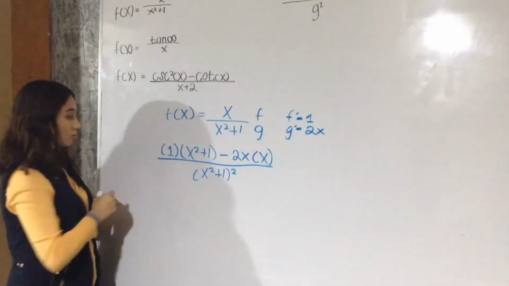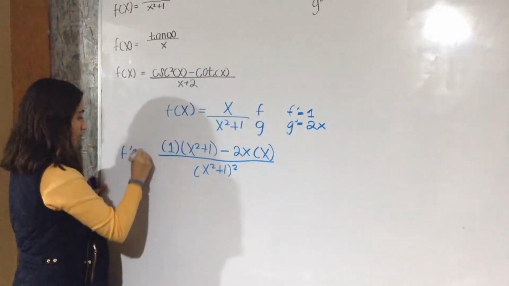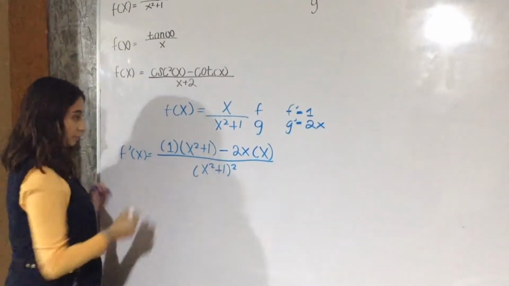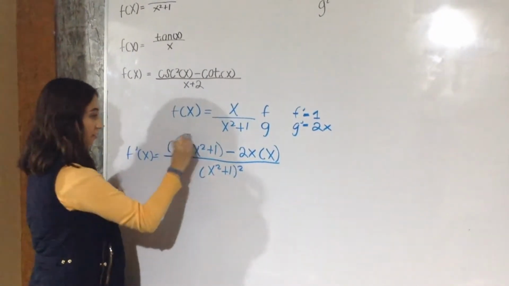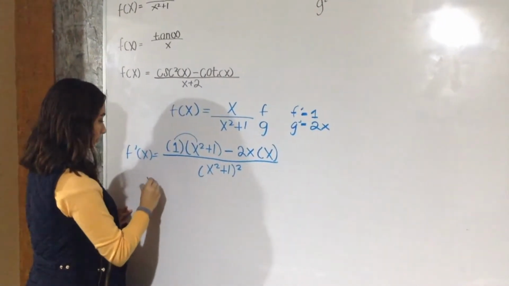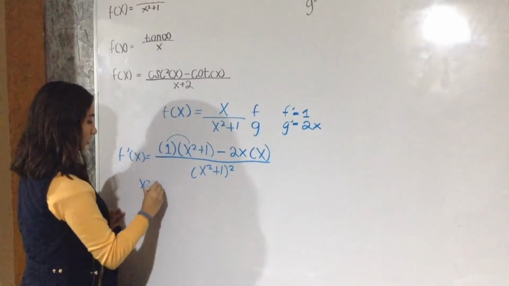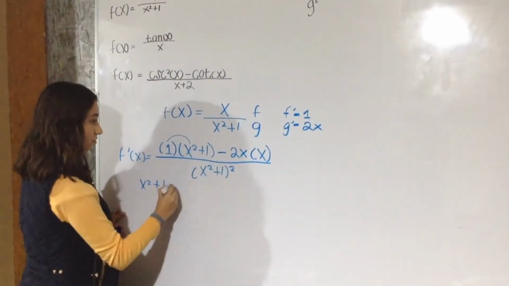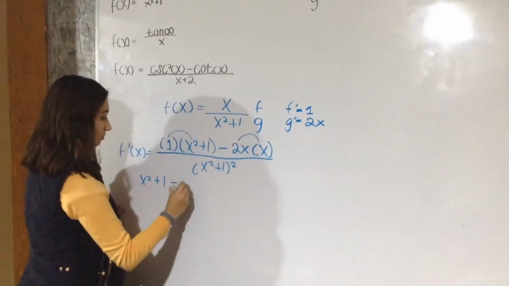Now we are going to solve this derivative. This by this is x squared. This by this minus this by this.